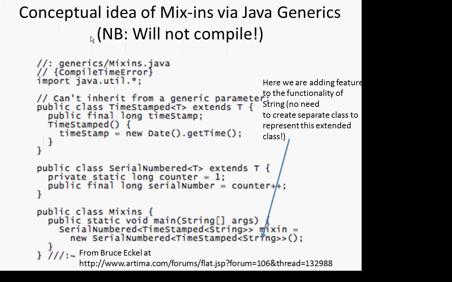So here we have some Java. And you'll notice that we have two classes which are conceptually mix-in classes. Here we have a timestamp class, and here we have a serial number class. The idea is that we'd like to be able to weave in, to introduce this functionality for being time-stamped into an arbitrary class.